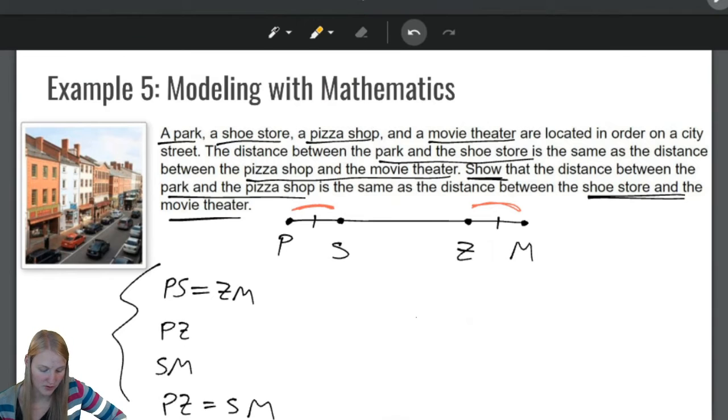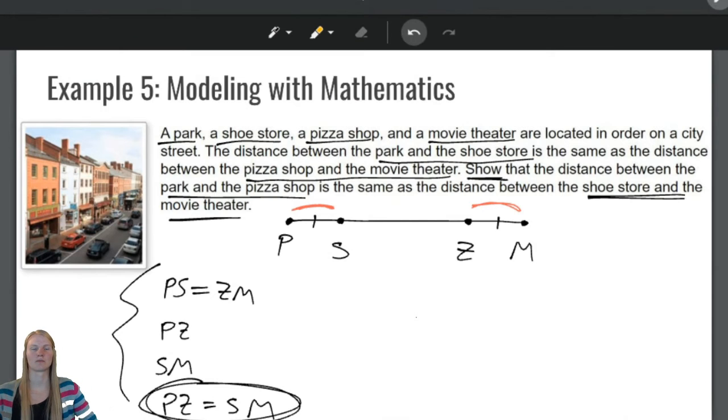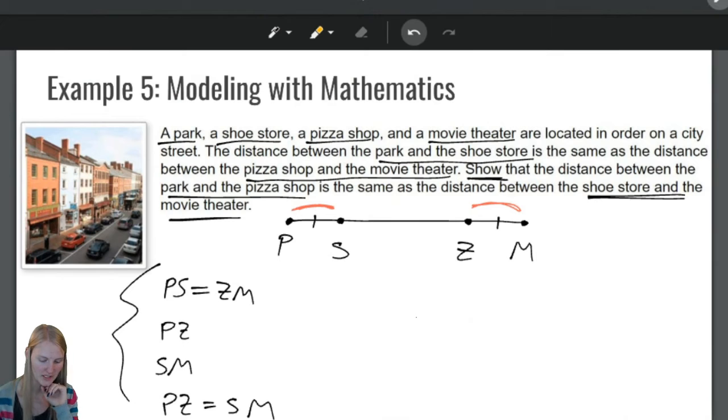So if they are the same, they must be equal. So in the end, I need to show that this is true, in math speak. Okay, so I need to somehow get from here to here. And what I'm going to do is take steps to get there. We're not just going to jump there all at once. This is how proofs work.